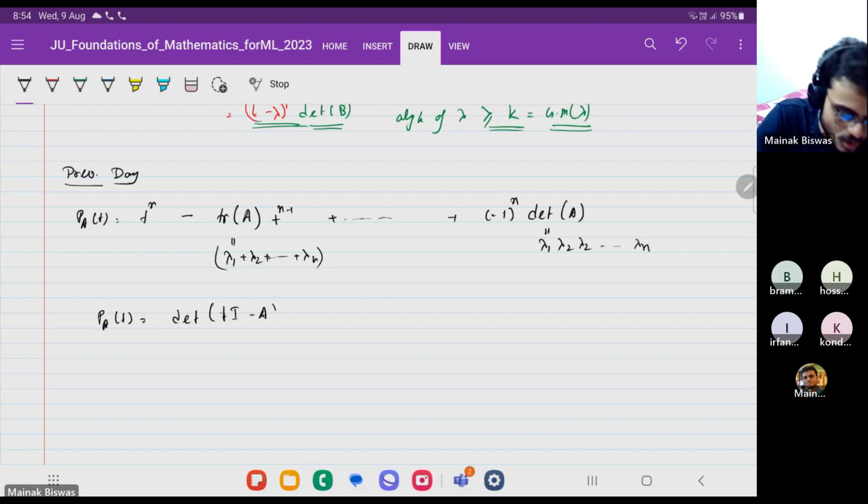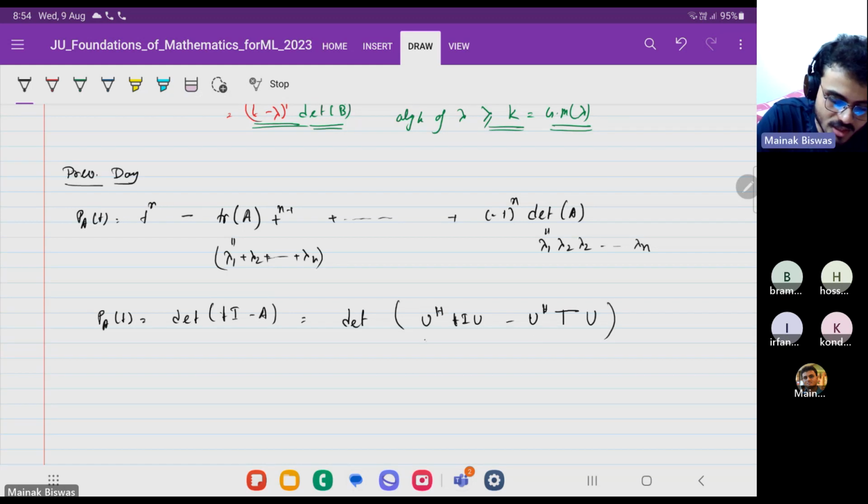Yes. So we have discussed the Schur's triangularization. So let's see. Schur's triangularization says that I can write U Hermitian TI minus A U equal to U Hermitian TI U minus U Hermitian A U, which is capital T. So this U is the same because you have a scalar, so it will become I. You agree? I'm just making A to be the Schur's triangularization, right?